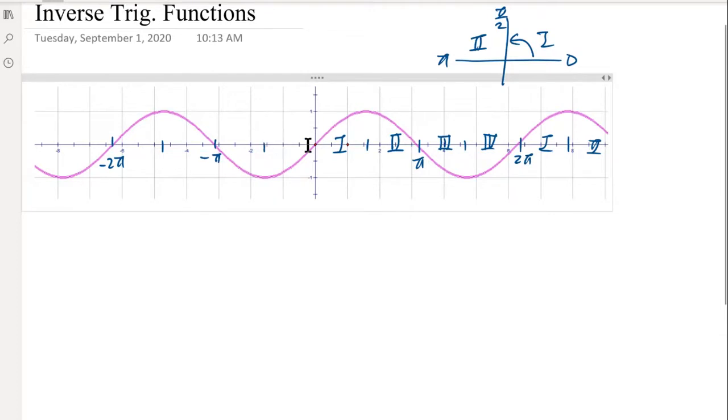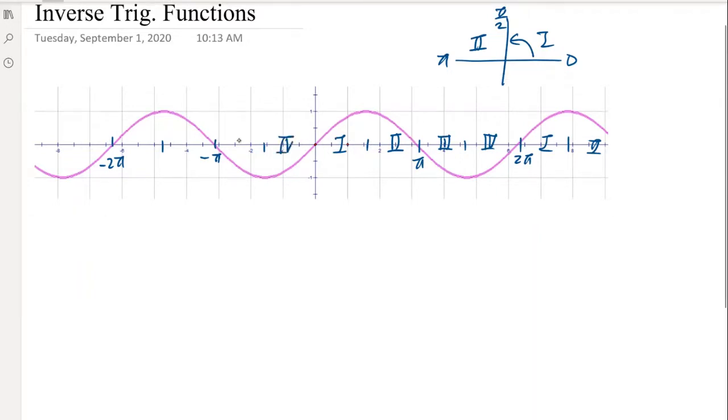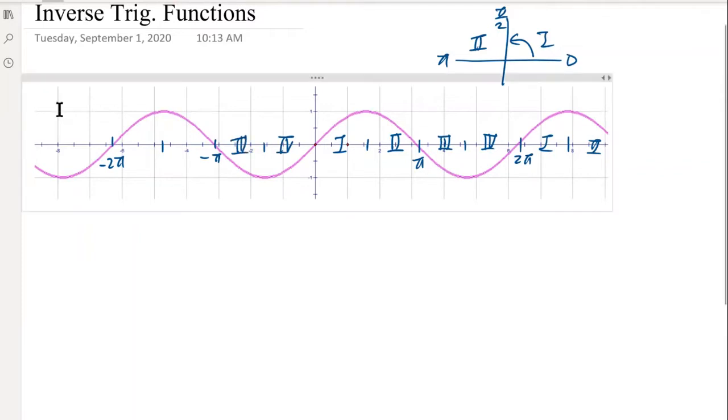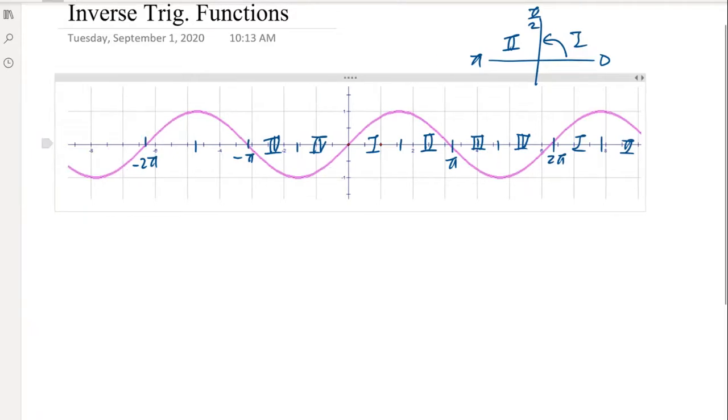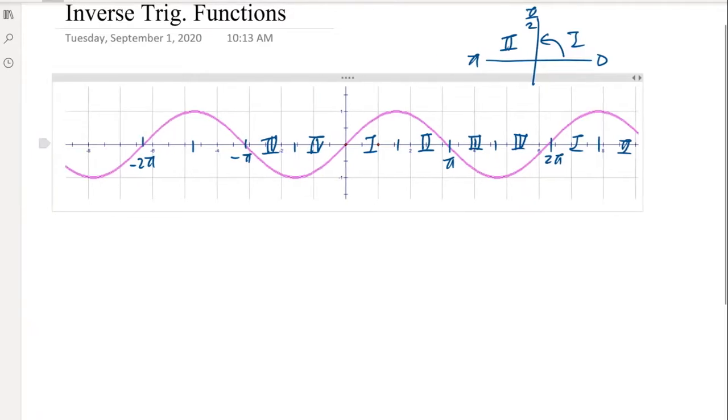Now somebody tell me what quadrant this is then. 4. That's 4, right? And this is 3, and then this thing repeats forever. You know what I mean by quadrant number? That corresponds to the unit circle, right? Which has been unwrapped on the x-axis. That's crucial in understanding the domain and range of this thing, all right?